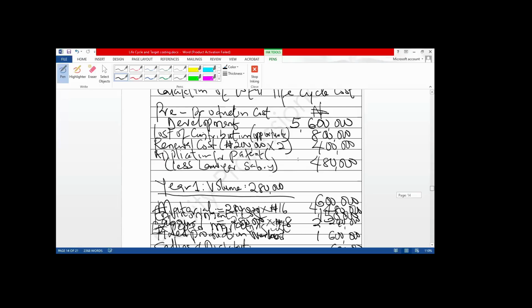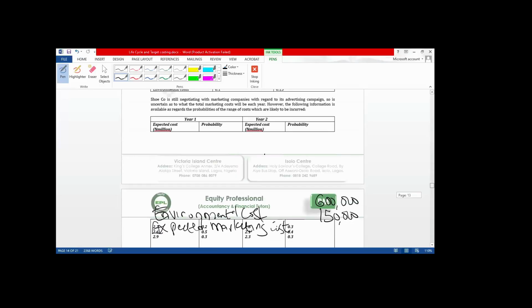Back to the question. Examiner says Leonard and Co. is still negotiating with a marketing company with regard to its advertising campaign. So it's uncertain as to what the total marketing cost will be each year.